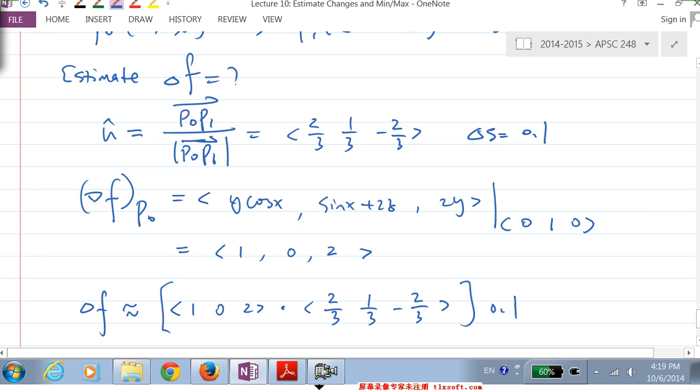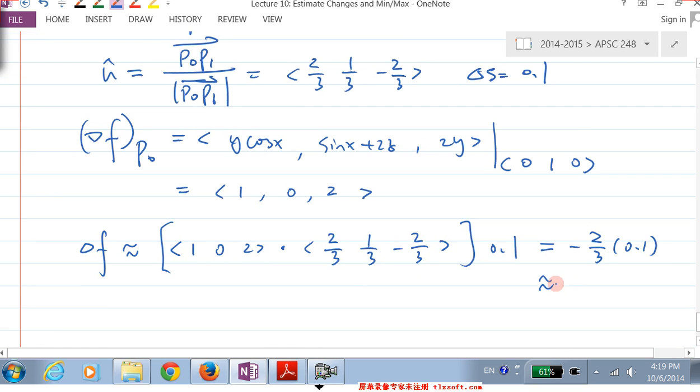Okay? Times 0.1. So that's equal to negative 2 over 3 times 0.1. So approximately negative 0.067 unit.